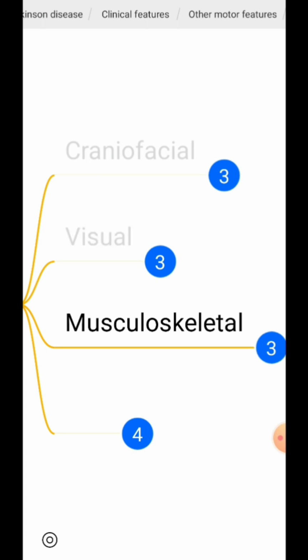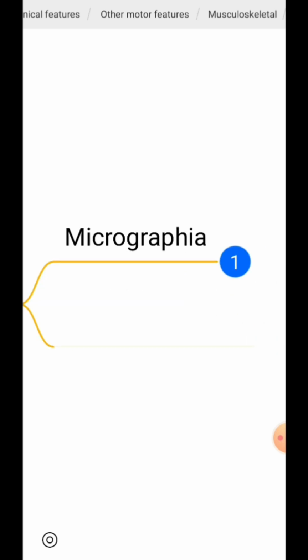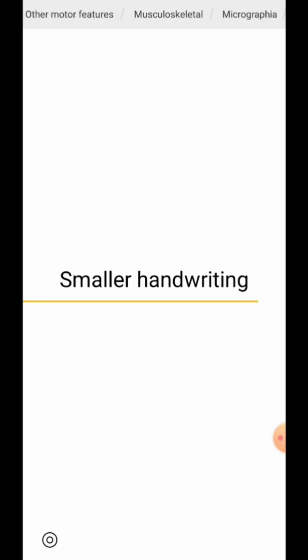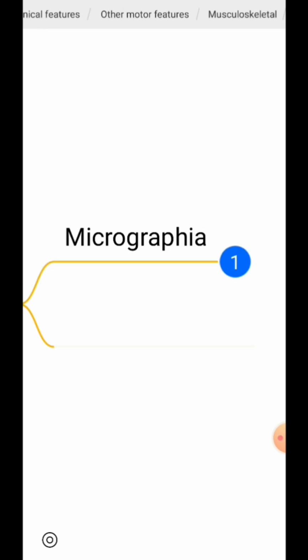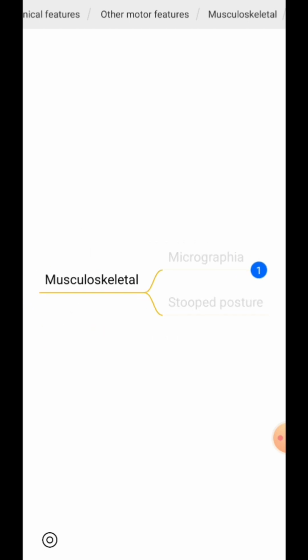And also there can be musculoskeletal symptoms and signs. So what are they? Micrographia is a clinical feature of Parkinson's disease where the patient's handwriting is smaller. And also, stooped posture is another musculoskeletal symptom.